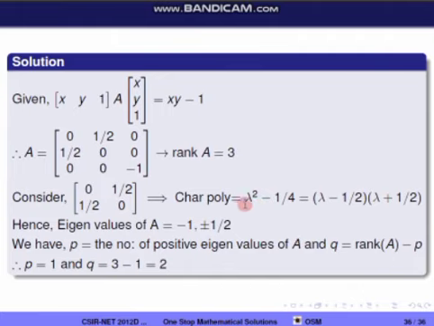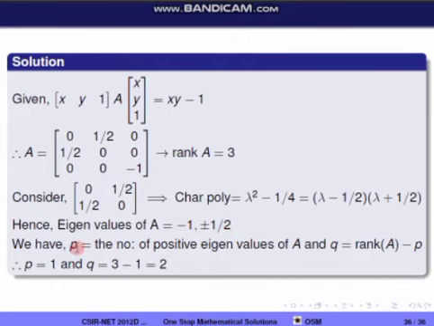So this is equal to lambda square minus 1 by 4, which can be split into lambda minus 1 by 2 into lambda plus 1 by 2. We know roots of the characteristic polynomial are eigenvalues. So we get eigenvalues of this block as plus or minus 1 by 2. Therefore, eigenvalues of A are minus 1 and plus or minus 1 by 2.